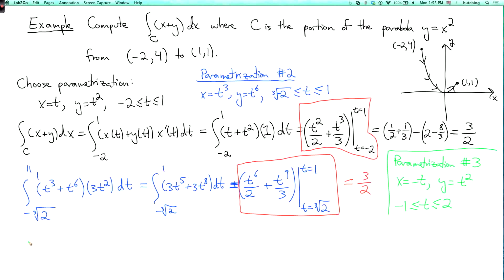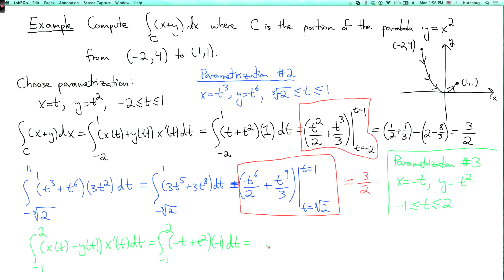So using this parameterization, I get the integral from minus 1 to 2 of x of t plus y of t times x prime of t dt. So x of t is now minus t, and y of t is t squared, and x prime of t is minus 1, and then I have dt.